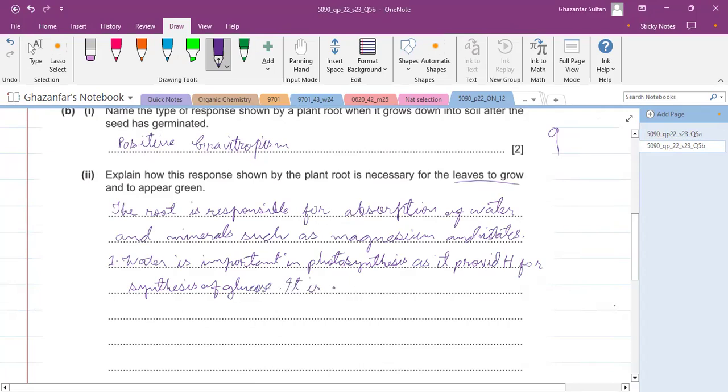Water is also important as it is involved in cell elongation.